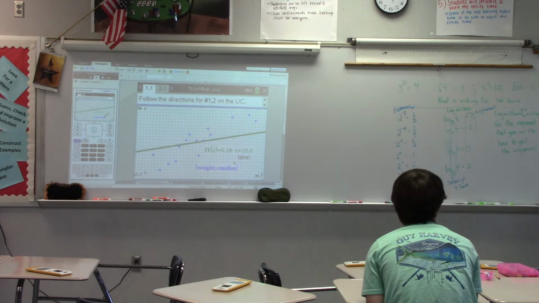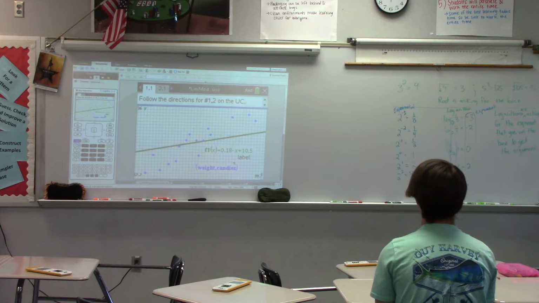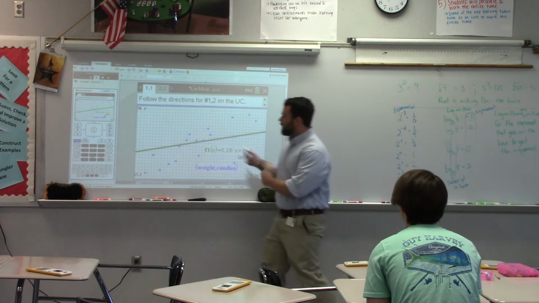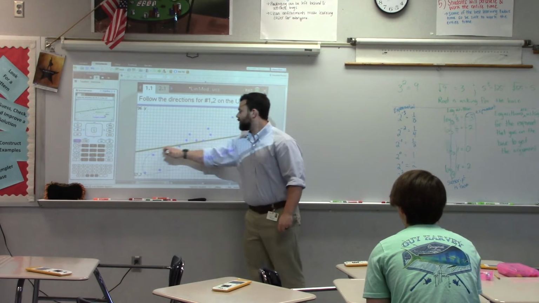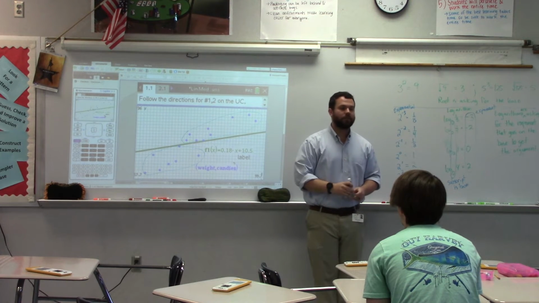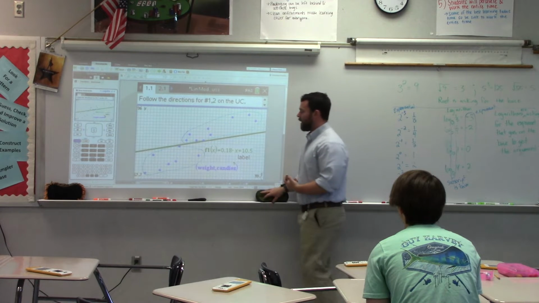No. Why not? It's not showing the trend. It's kind of going through the middle, but it's not showing a trend. Remember, when we show a trend, we should not have groups like this. You cannot have groups like that. It needs to be scattered around the linear model. So keep that in mind.